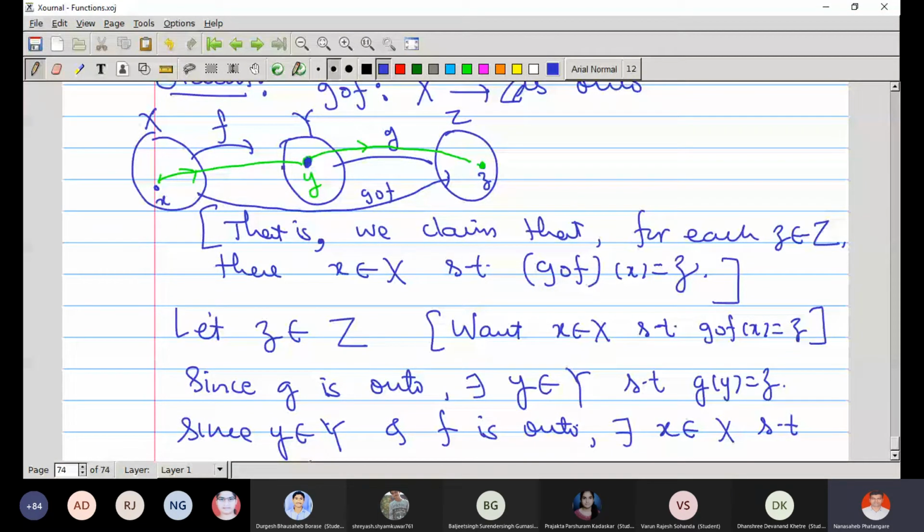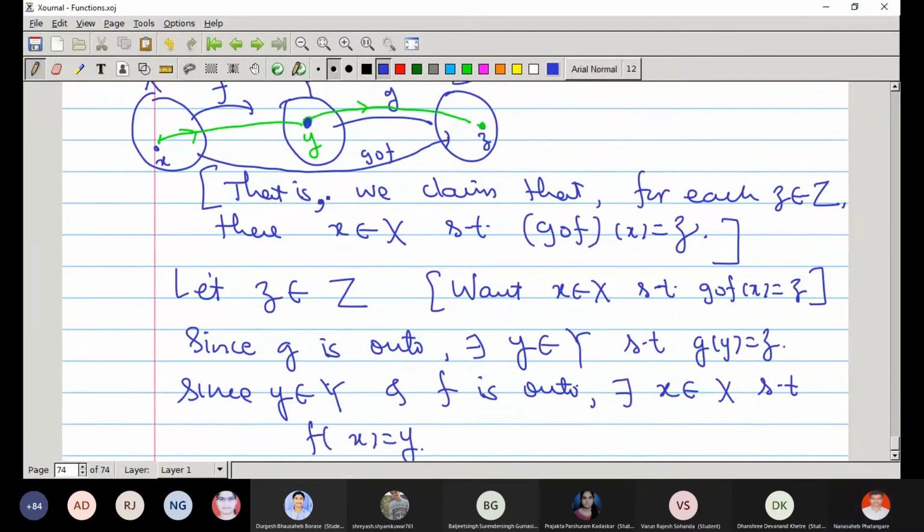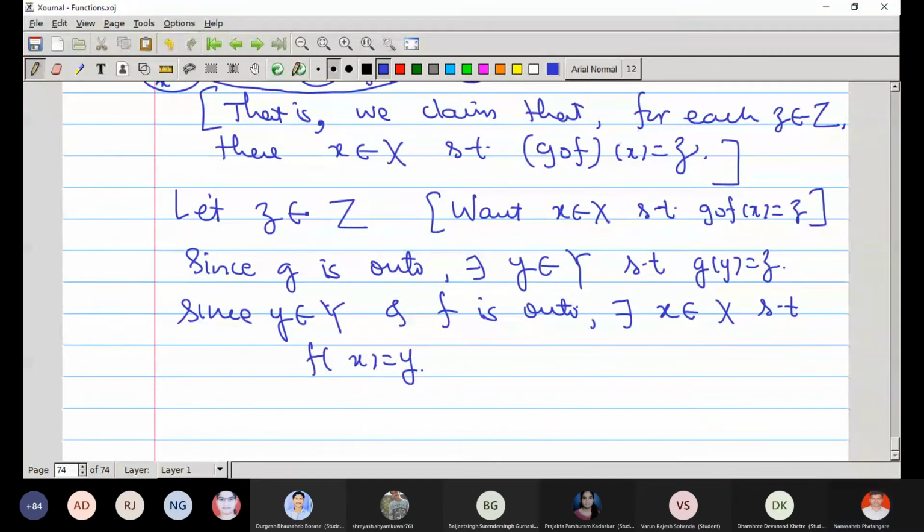This is the way we are backtracking the pre-image of z. Therefore x belongs to X such that g composite f of this. So we have caught x. How did we catch this x?